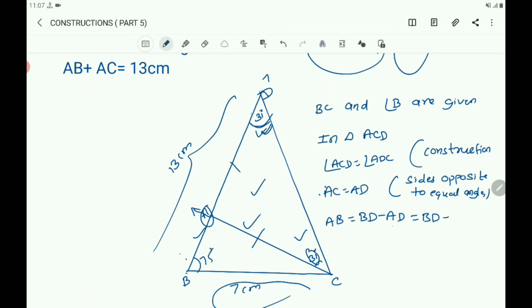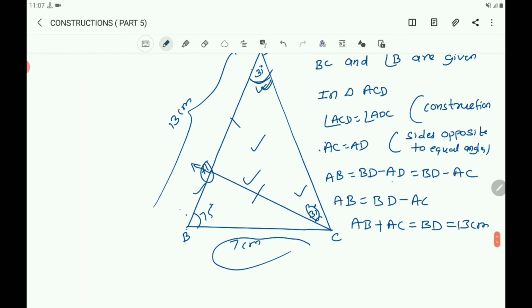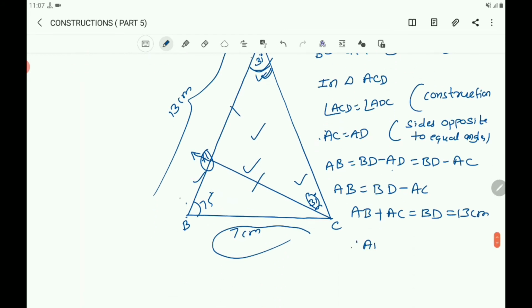In the place of AD you can write AC. Here you got AB equals BD minus AC, that is nothing but AB plus AC equals BD, which is equal to 13 centimeter. Therefore you can write AB plus AC equals 13 centimeter.